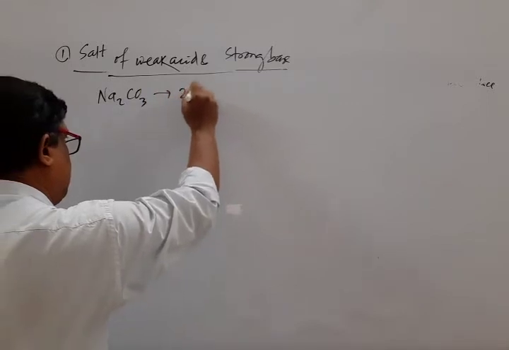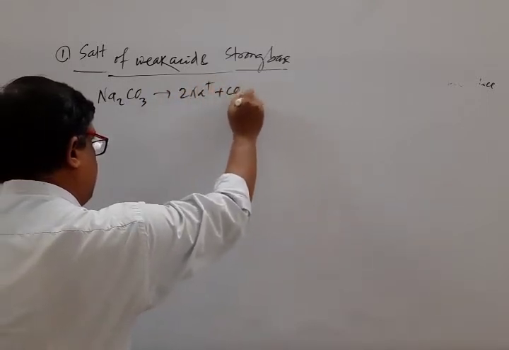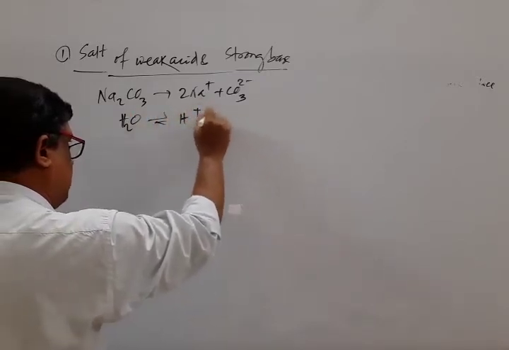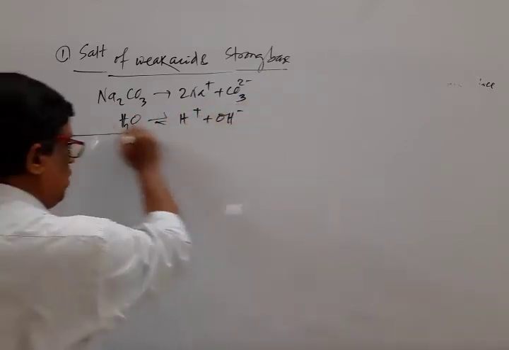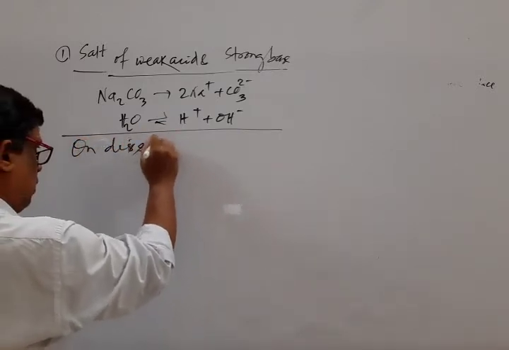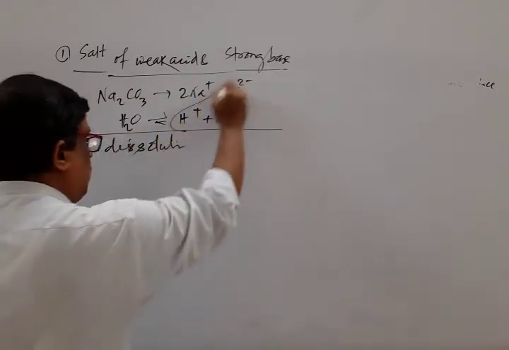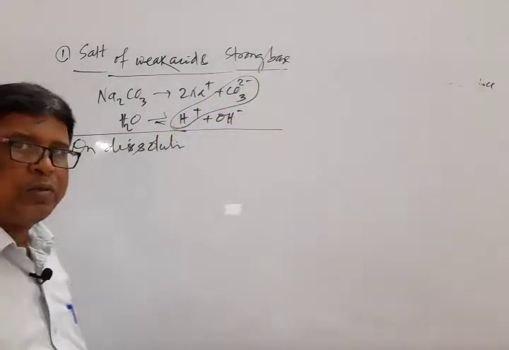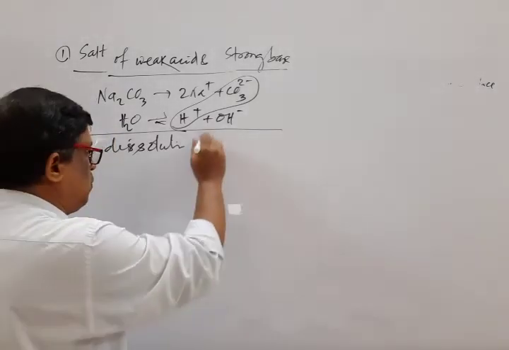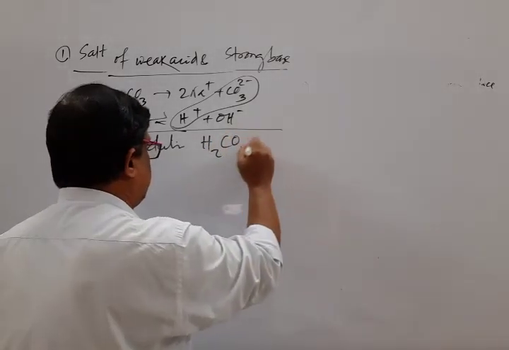It breaks down to sodium ion and carbonate ion. Water breaks down to H plus ion, OH minus ion. On dissolution, what we observe? The anion of the salt combines, because it is a weak electrolyte, it remains as such, forming H2CO3.